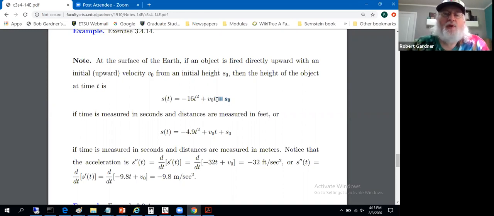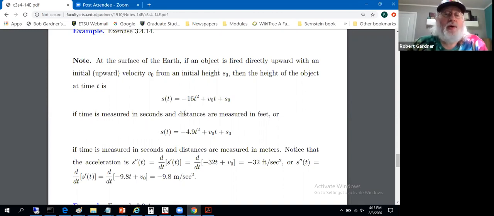So if you look back at firing the bullet, we had exactly that form on the surface of the Earth. We had a different coefficient when we dealt with firing the gun on the surface of the moon. It's because there's a different acceleration due to a different gravitational pull on the surface of the moon. But on the surface of the Earth, this is what we get.